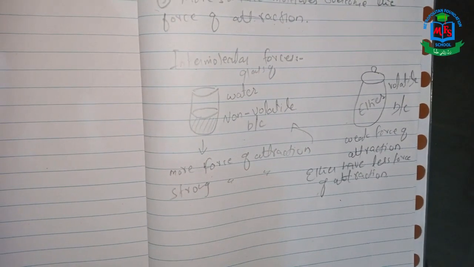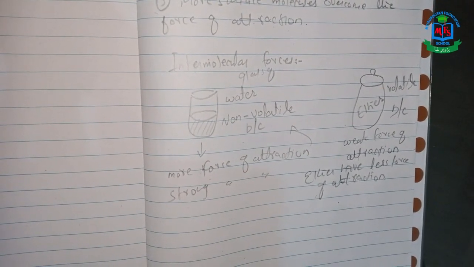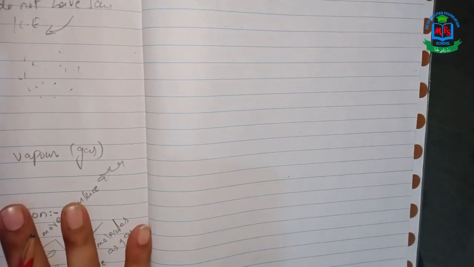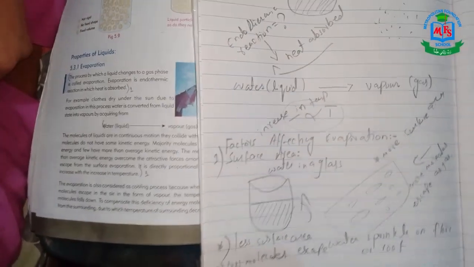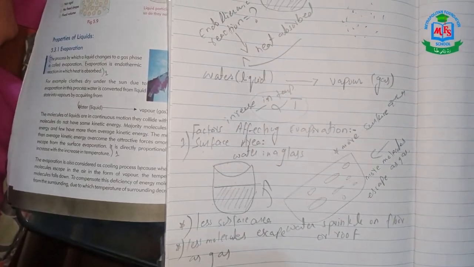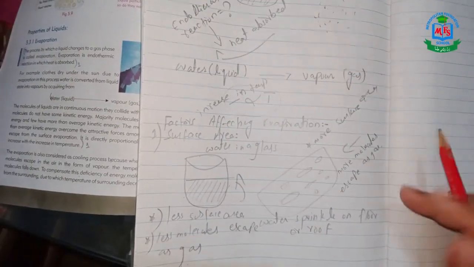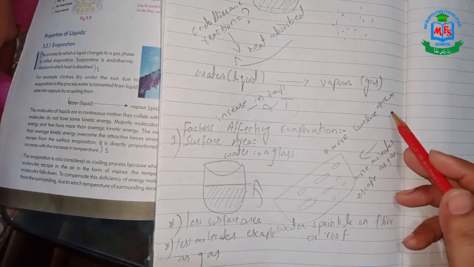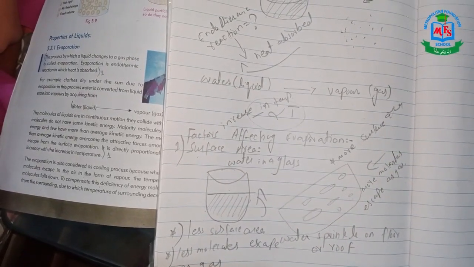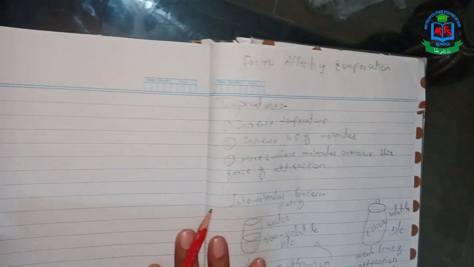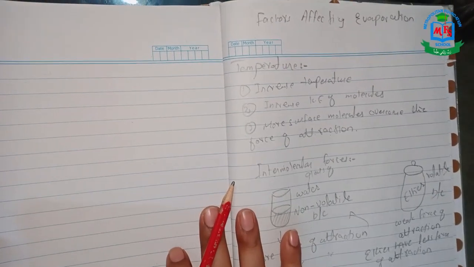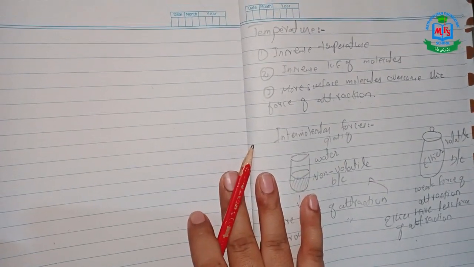Now we have studied factors affecting evaporation. First, we studied surface area. With less surface area, like water in a glass, fewer molecules escape as gas. With more surface area, like water in a sprinkler or on a floor or roof, more molecules escape as gas. Temperature increases the kinetic energy of molecules, so more surface molecules overcome the force of attraction.